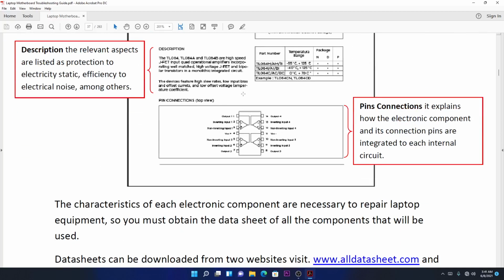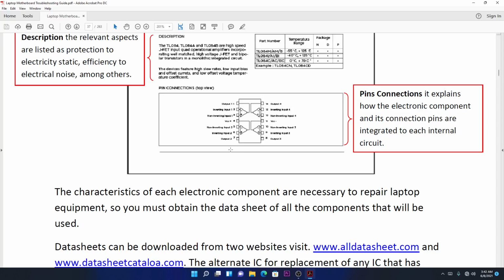Right, let's go ahead. You'll even see the pinout. They'll show you that pin number 11 does this, pin number 1 does this. They will explain everything, even the function and the temperature. They'll give you all the information for that specific chip.